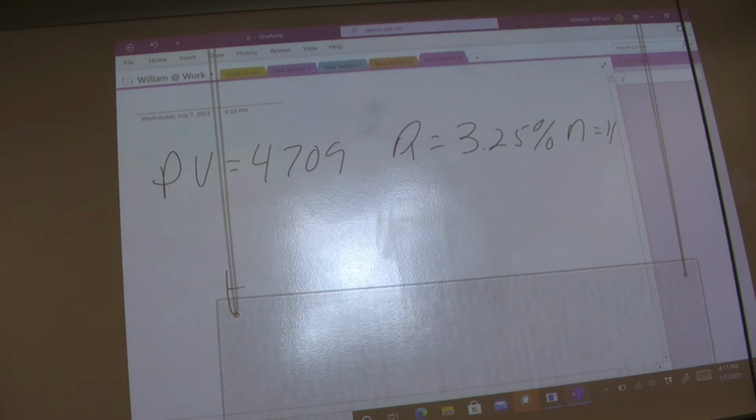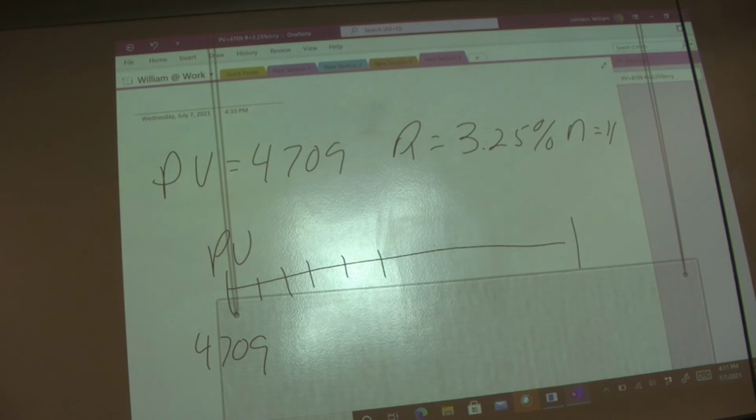So again, we can draw a timeline. Our present value is 4709. Our number of years is 11: 1, 2, 3, 4, 5, 6, 7, 8, 9, 10, 11. We're looking for our future value, and our rate equals 3.25.